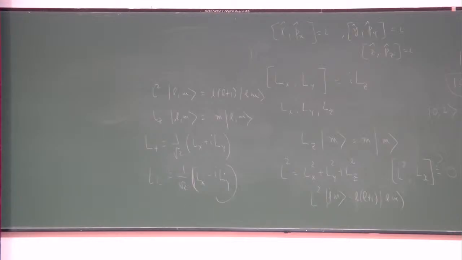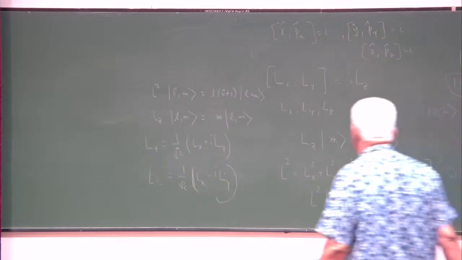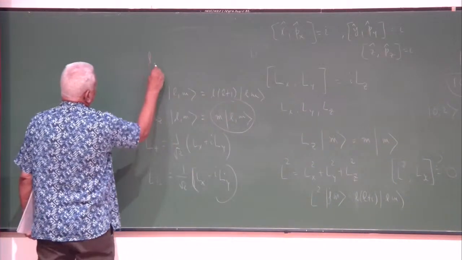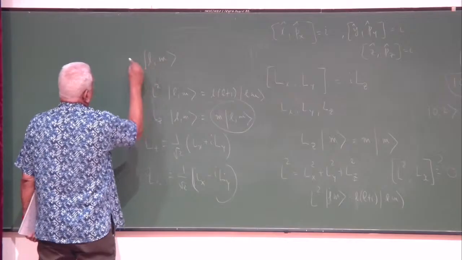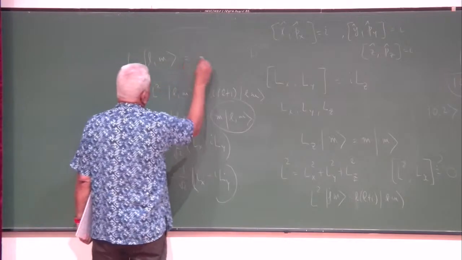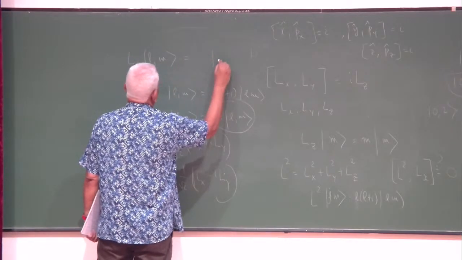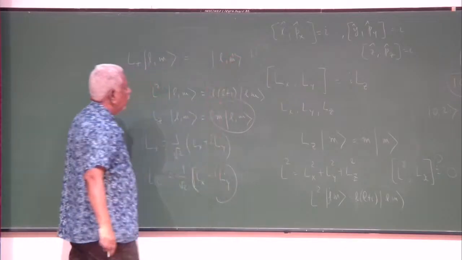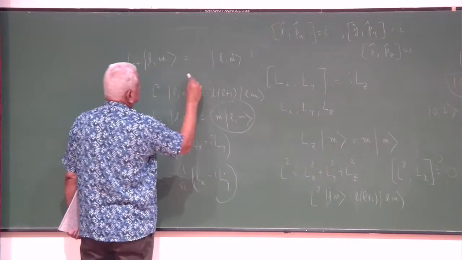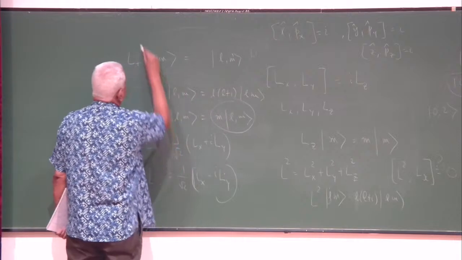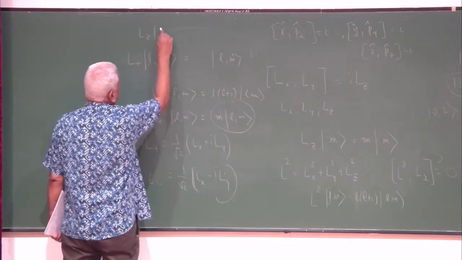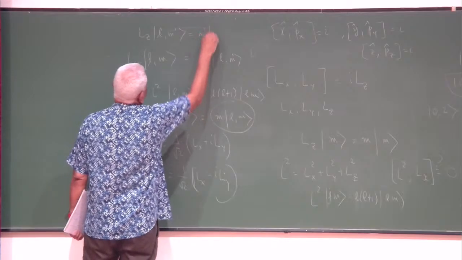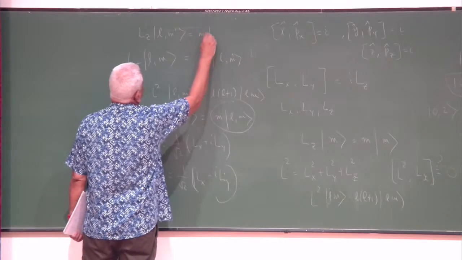Like that, if you start with an l, m state and L plus acts on that, it will give a new state, let me call it l, m prime, but the eigenvalue of Lz acting on l comma m prime will be m plus 1.